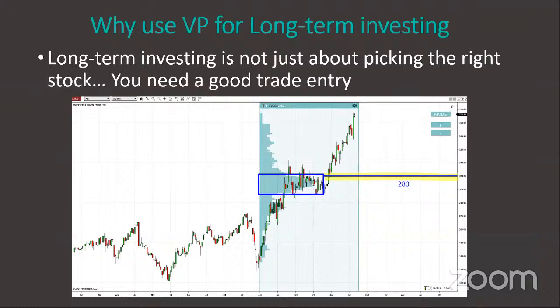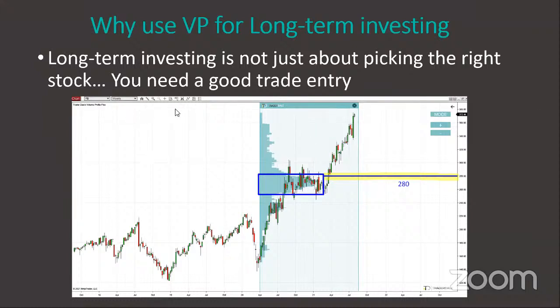Now, why use volume profile for long-term investing? The internet is also full of guys who do a lot of fundamental analysis, like for stocks. But that is just one step, because they do the fundamental analysis and find the best stock to invest in. The second step should be finding a good trade entry, because it's not really smart to invest in any stock you like.